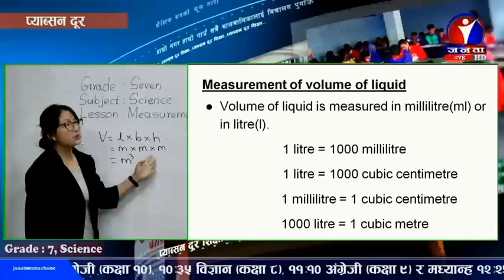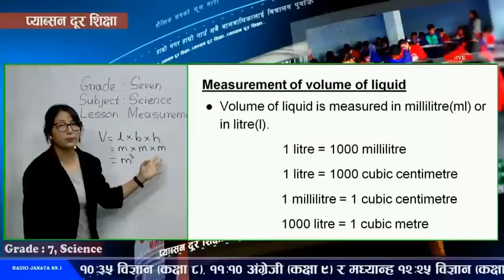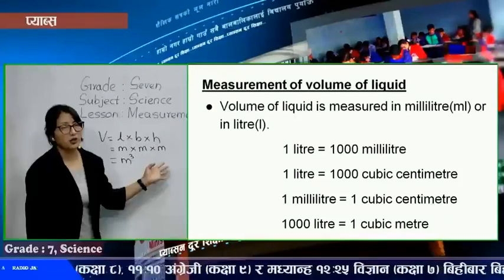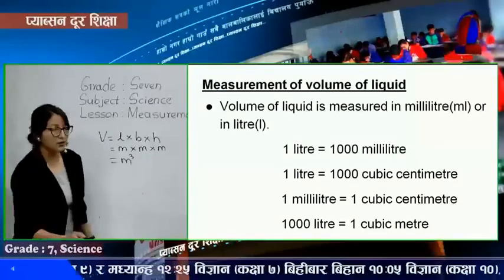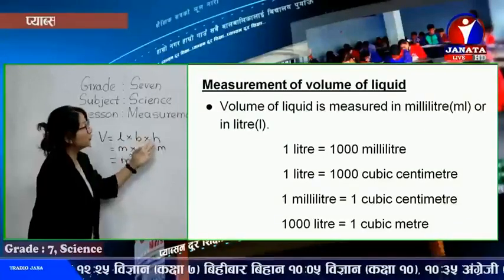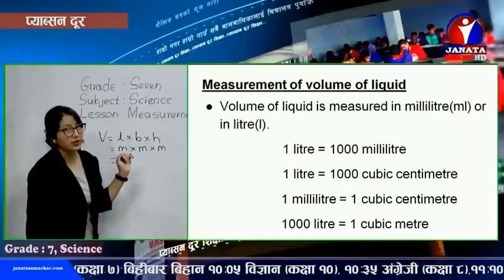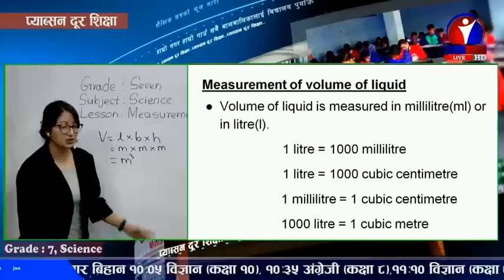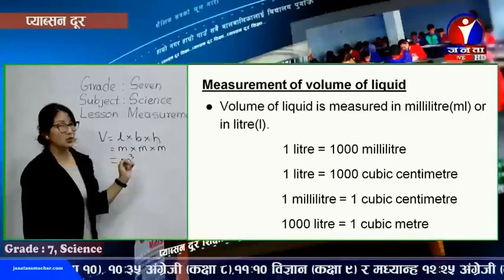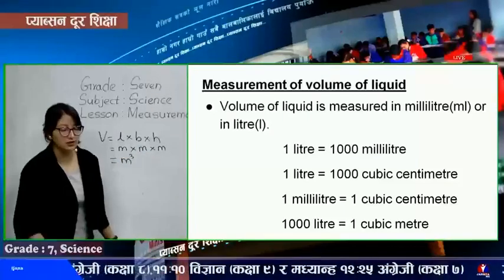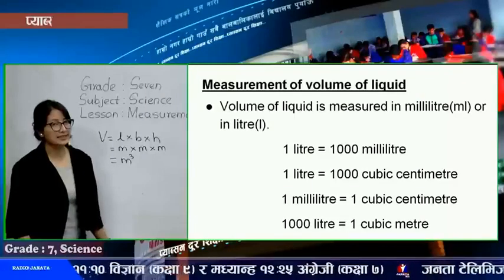Or also we can represent 1 liter in cubic centimeter form: 1 liter is equal to 1000 cubic centimeter, cm cube. And the main simple relation related to it is that 1 milliliter is equal to 1 cubic centimeter.